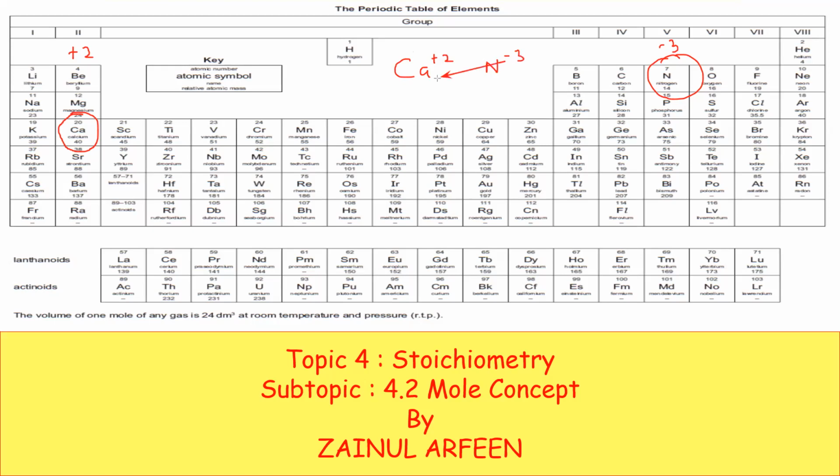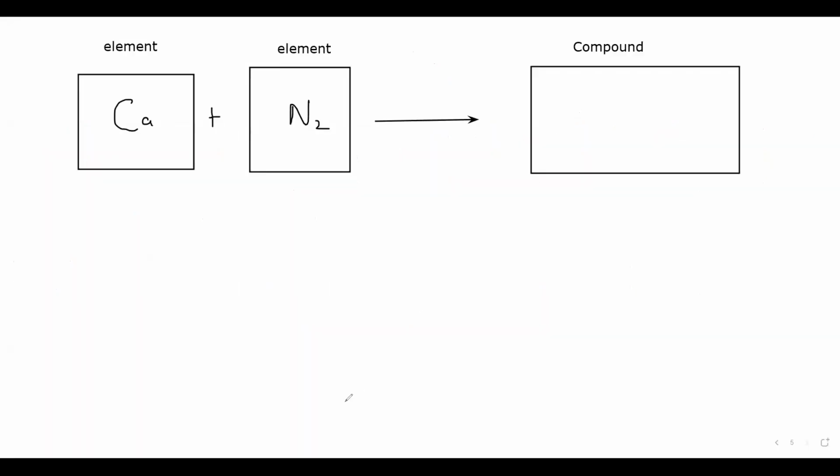So we cross multiply. So the formula of this compound, which contains calcium and nitrogen, it will be Ca3N2.